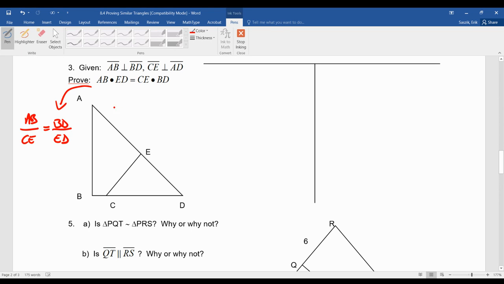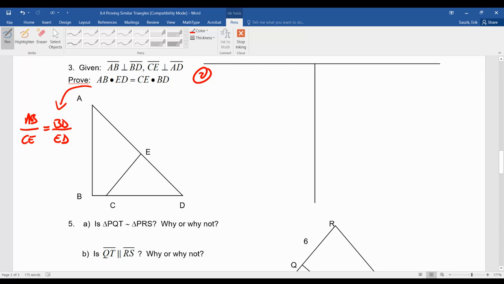We're going to have to show this proportion before we can do this, okay? The reason why I suggest writing down this proportion is you can often see which triangles you have to prove then. Now, this one, again, not so hard because there's only 2 triangles in this diagram. So clearly we're going to prove this big one similar to the one on the right. But sometimes it's not so clear.